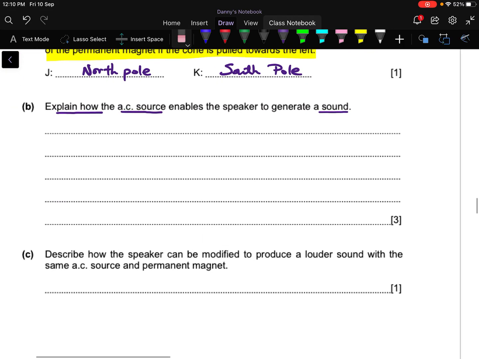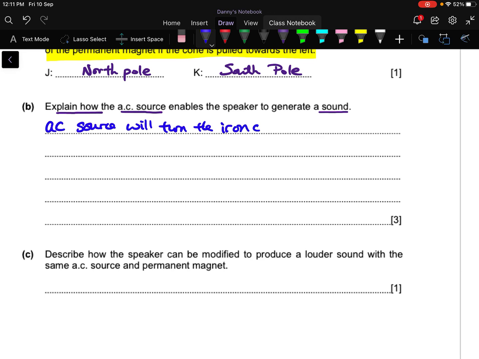So once you have a rough idea on how the different parts work together, you can then put all this together to form an explanation. So it first started off with the alternating pole, right?